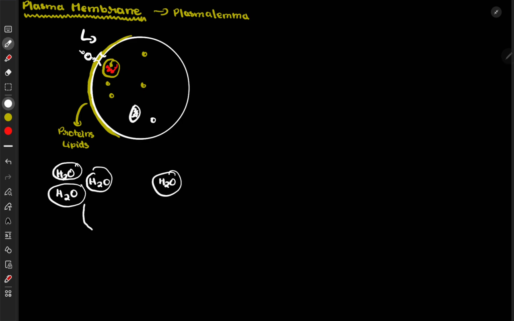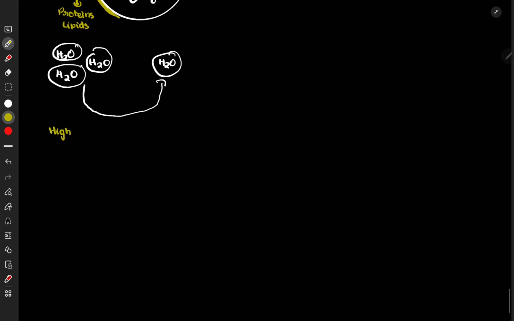So all these H2O molecules go here. Basically, it means that it goes from high concentration to low concentration.